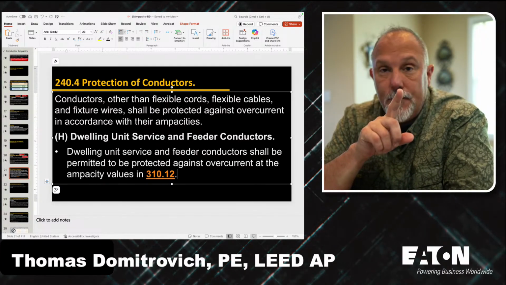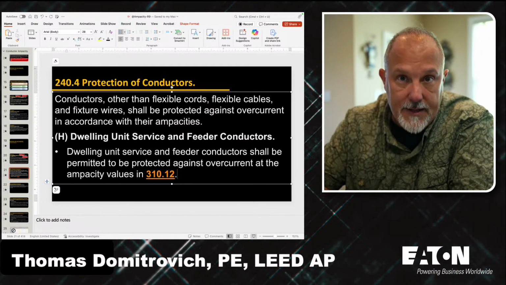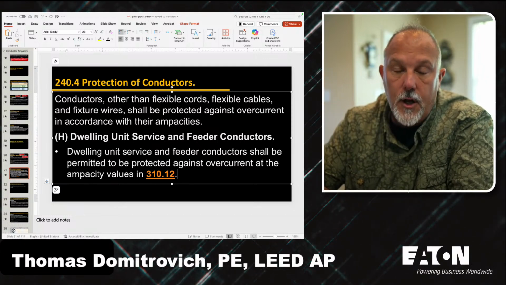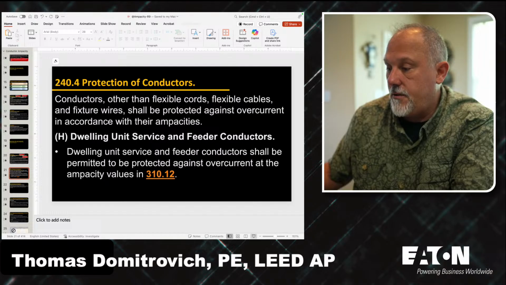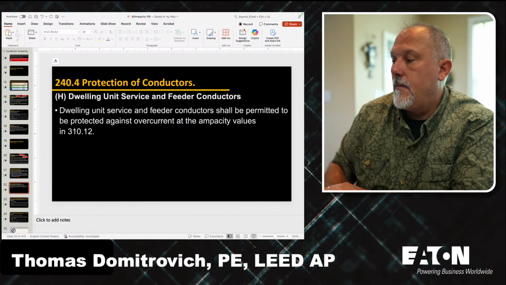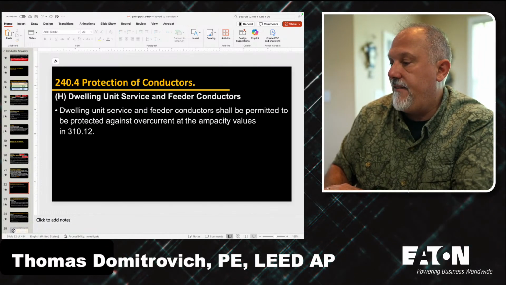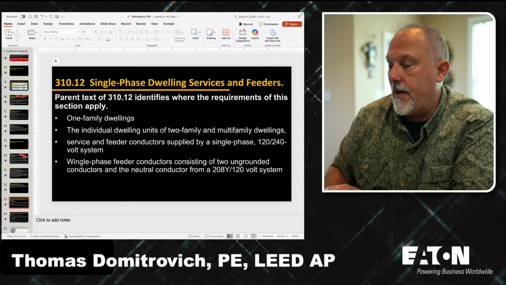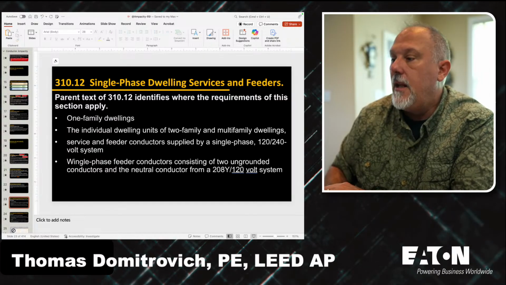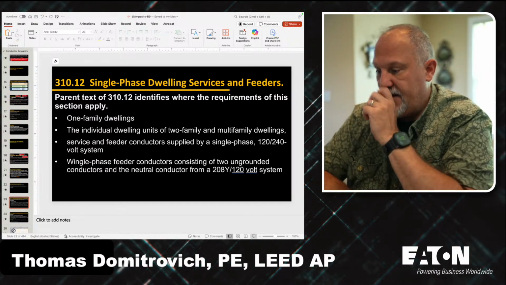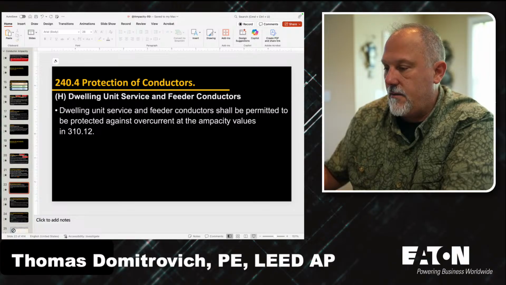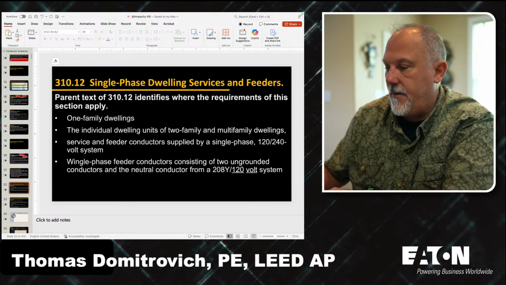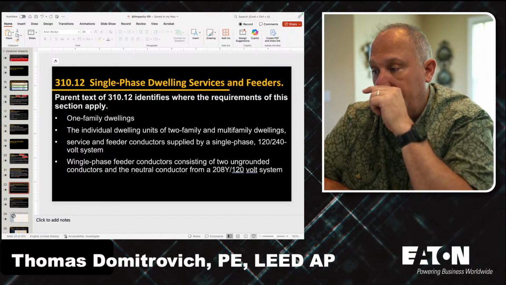So now that's telling me to go to 310.12, and I'm permitted to use those values to protect those service conductors. I have it twice. I don't know why, but I've got it twice. I don't have it thrice, so that's good. Here's 310.12. Let me delete this one because I don't see any value in that.